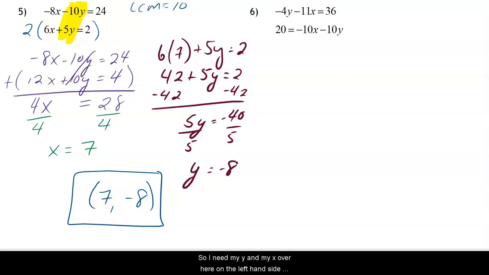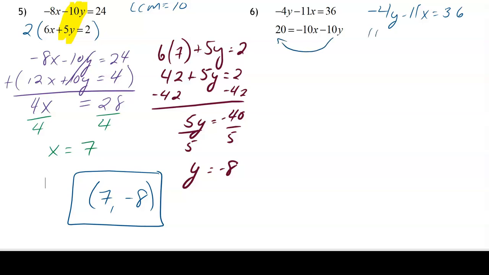So I need my y and my x over here on the left-hand side and my 20 over on the right-hand side. So I'm going to go ahead and rewrite my first equation. Negative 4y minus 11x equals 36. And then I'm going to move my 10y over. When I move that to the other side, it's going to become a positive 10y.